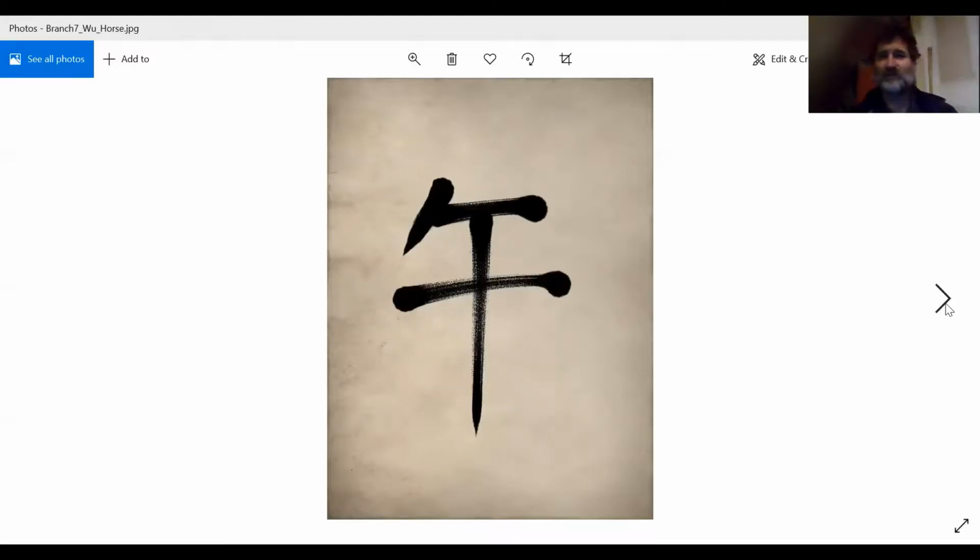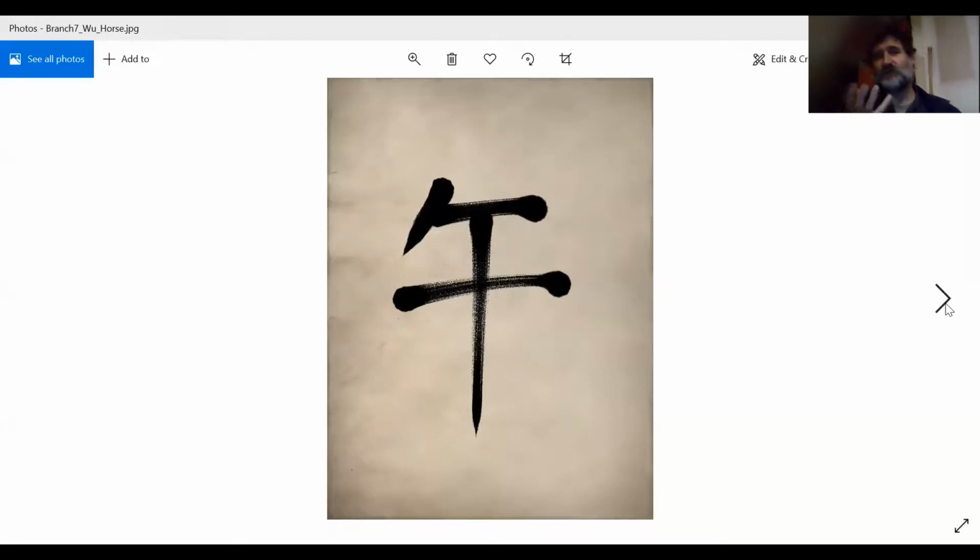Horse. So horse is full throttle yang, the hottest part of the day, the hottest part of summer. With dragon, we had this grandiosity, and then snake is kind of this concentrated within there. Now horse is kind of prancing about.